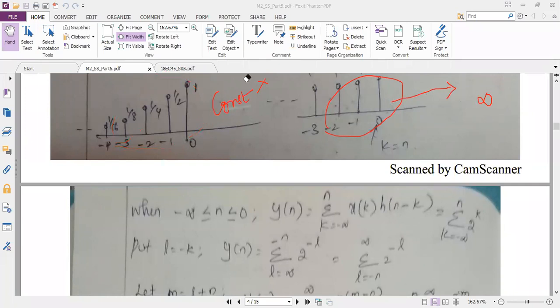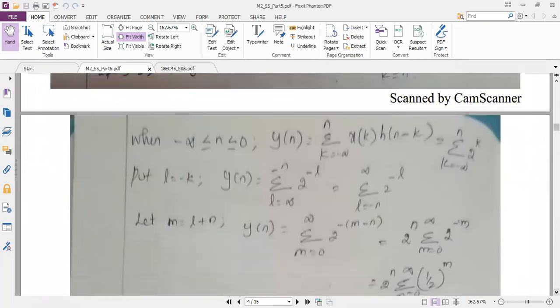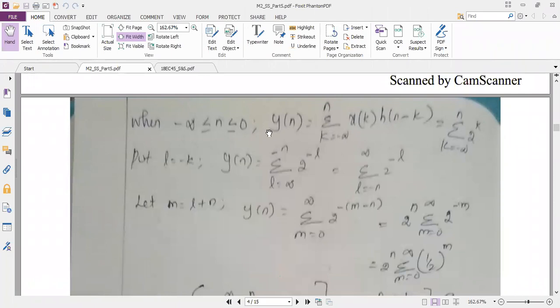So what I should do is, always when I predict my output, my upper limit should be equal to n. So it is from minus infinity to n. Just remember this. So x of k multiplied with h of n minus k.